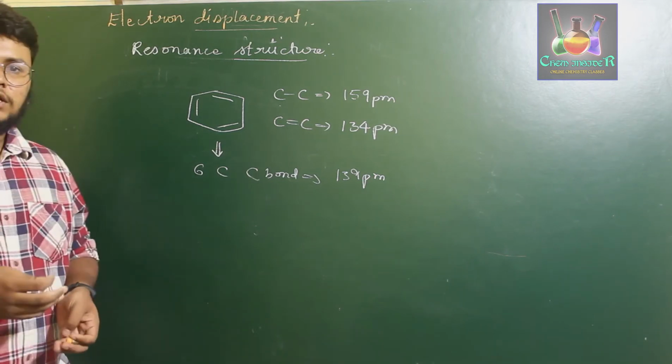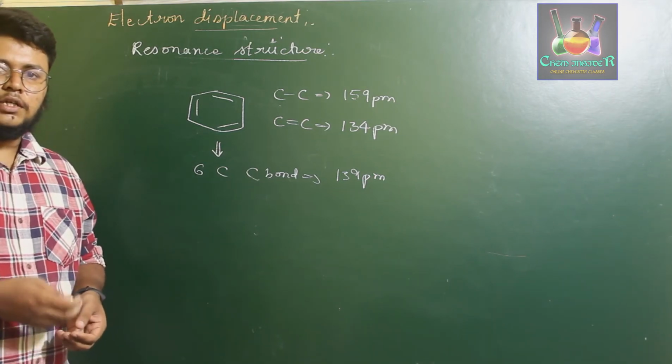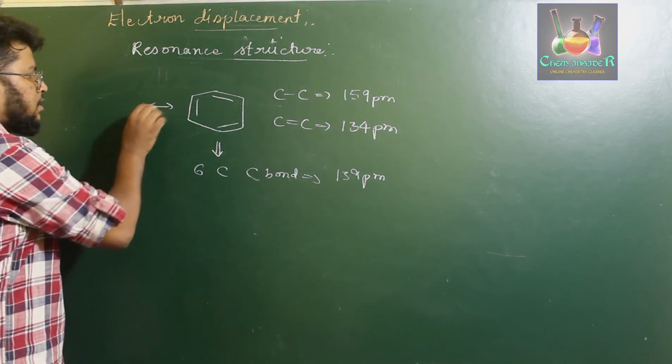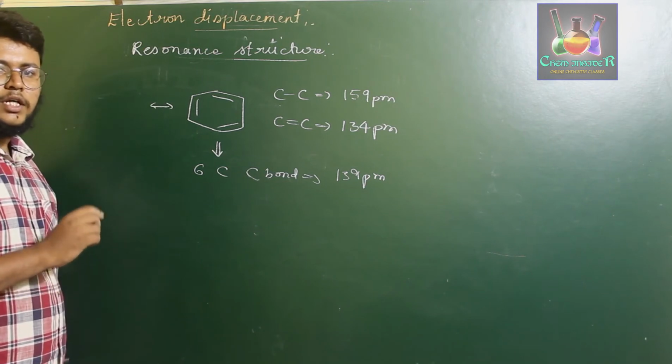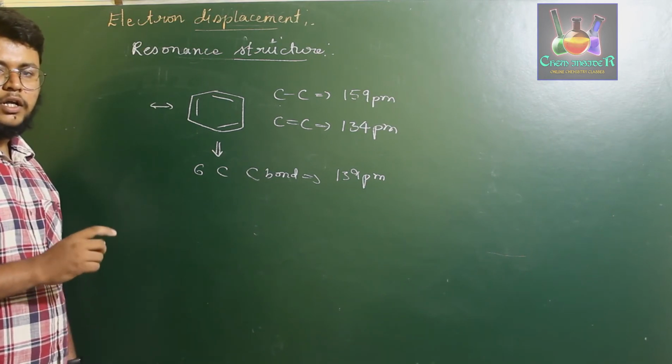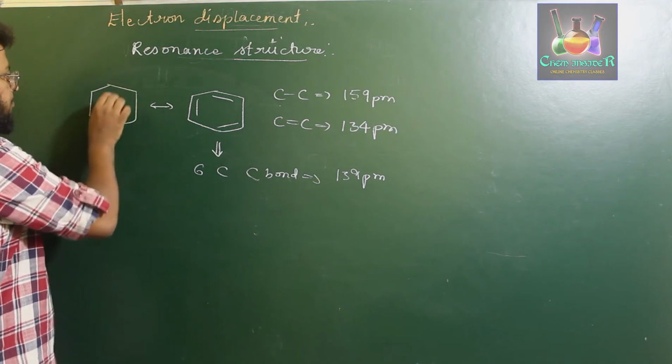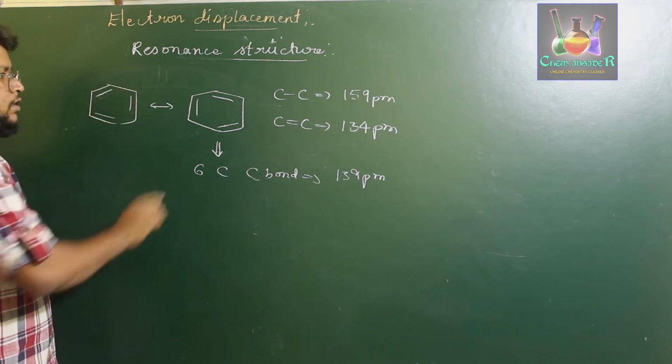Therefore, the scientist Auguste Kekule proposed a new structure, that is, the benzene compound has double bonds and single bonds undergoing resonance, which can be represented like this also.